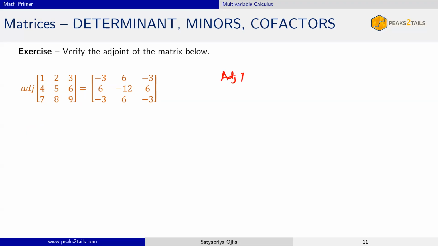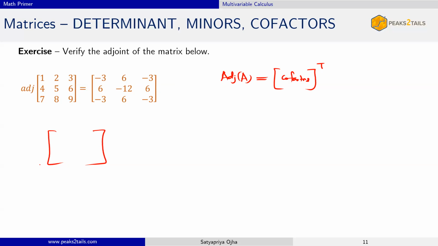Adjoint of A is the matrix of cofactors, transpose. So what are the cofactors? What is the cofactor of 1, guys? Can we do it mentally? First, calculate the minor, then think of the sign and tell me the answer.